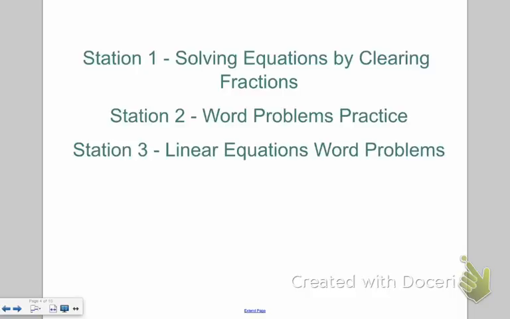And then finally, when you finish stations 1 and 2, which should only take about 1 full period at most, so you should be able to finish both these handouts in 45 minutes, you'll have about 20 minutes to spend on station 3, which is a spiral review on linear equations. Have a great class.